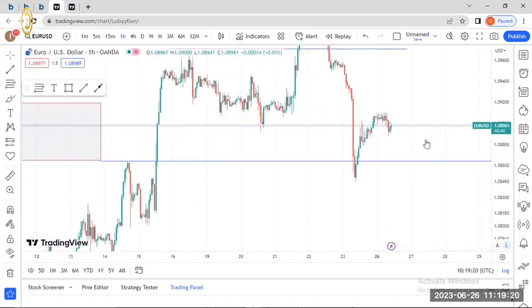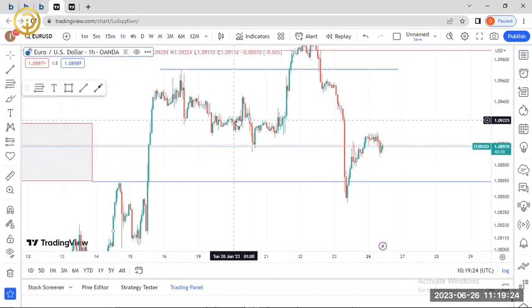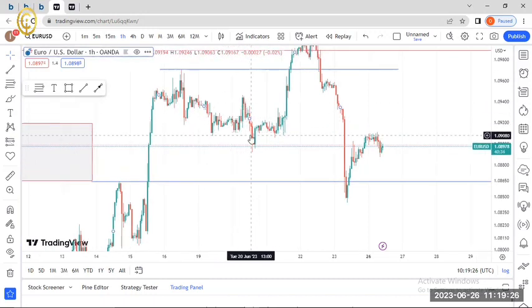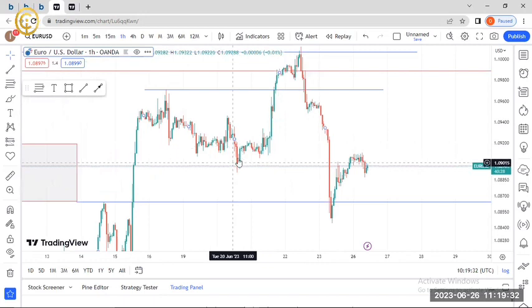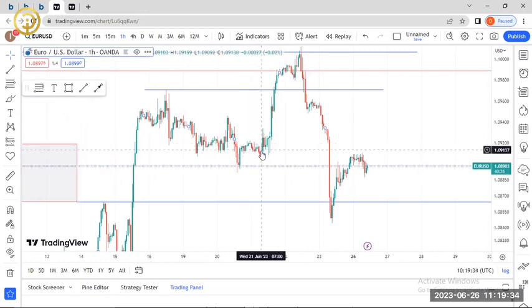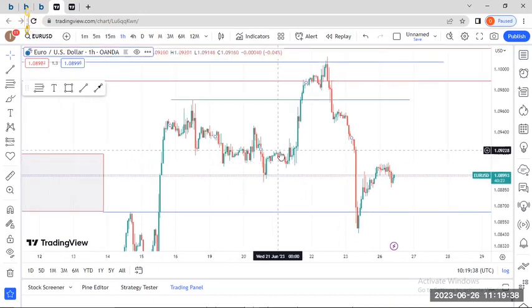It made a consolidated day. It was not really strong. Then Tuesday, it took out Monday's low, expanded high, took out Monday's low. This is where we would have entered here. Perfect spot. It took out the high, we retraced back here.